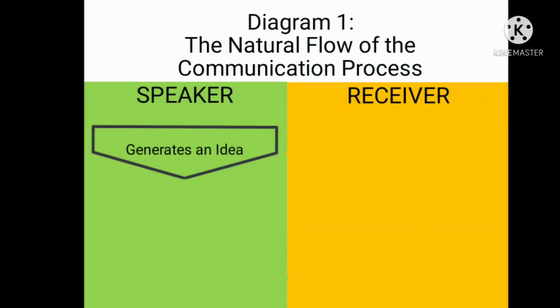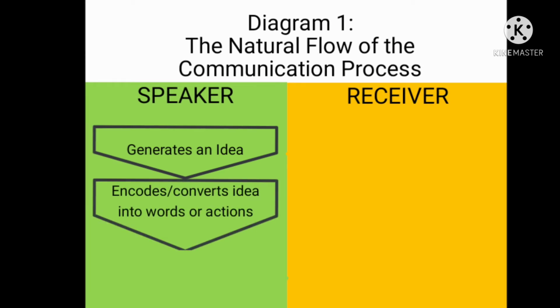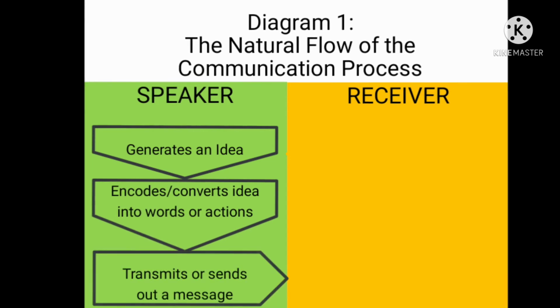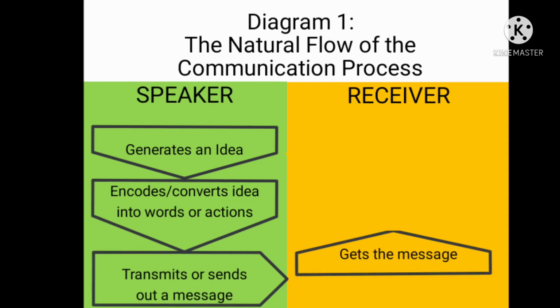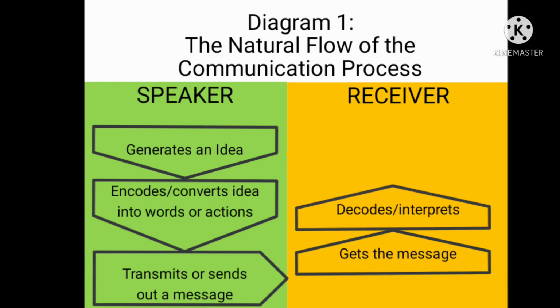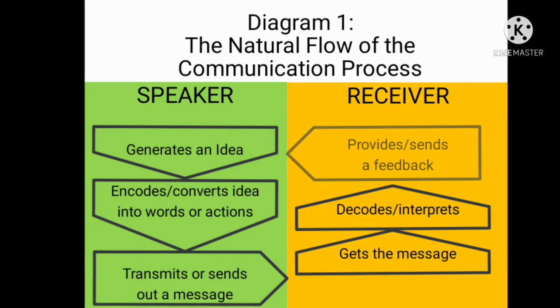Then the speaker encodes the idea, or converts the idea into words or actions. The speaker then transmits or sends out a message. The receiver gets the message. The receiver decodes or interprets the message based on the context. The receiver sends or provides feedback.